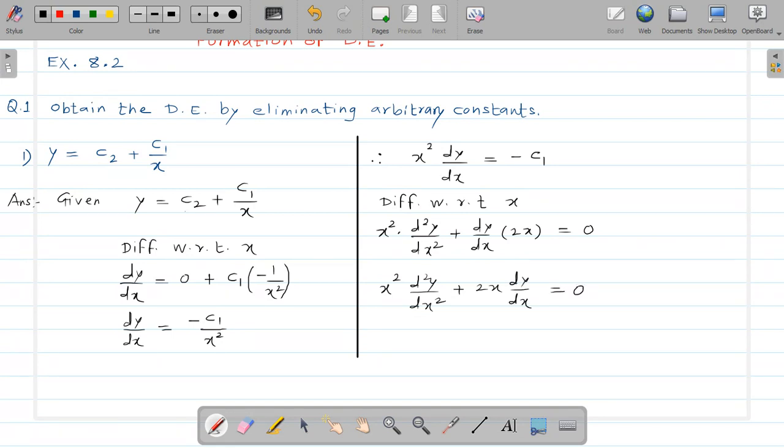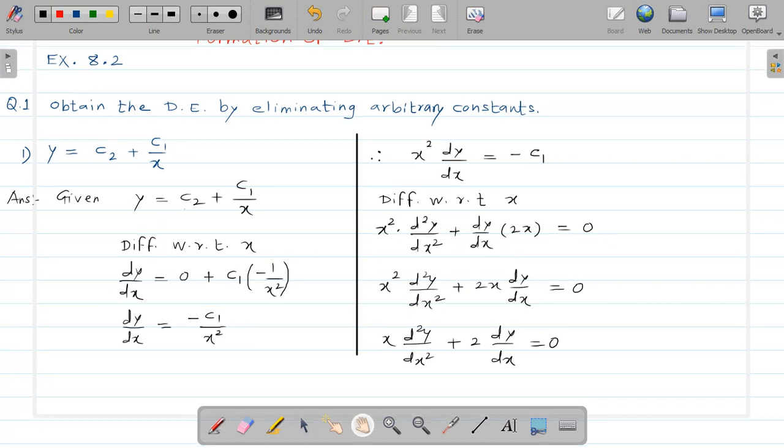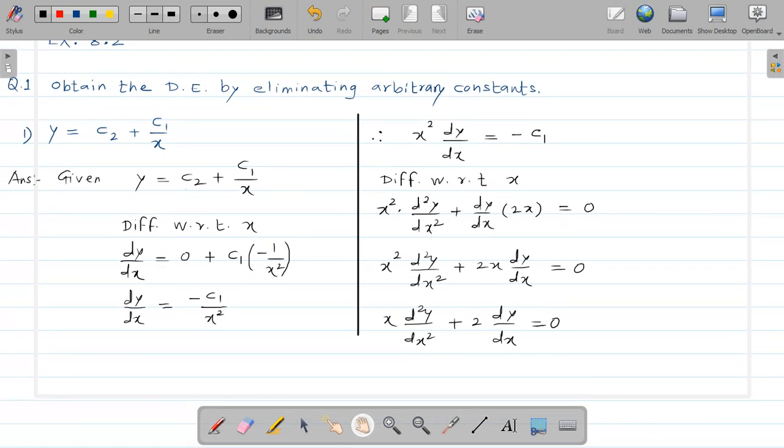Now here also you can divide by x and you will get the final answer as x into d square y upon dx square plus 2 times dy by dx is equal to 0. So this will be the required differential equation by eliminating arbitrary constants.